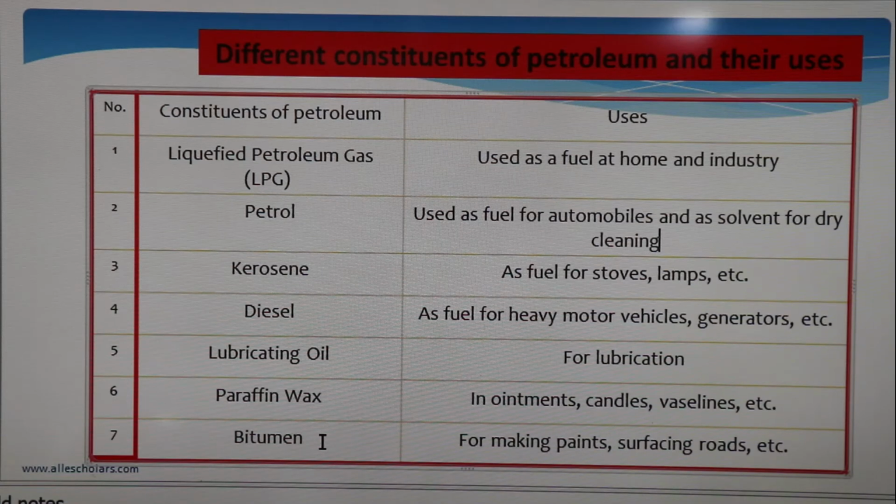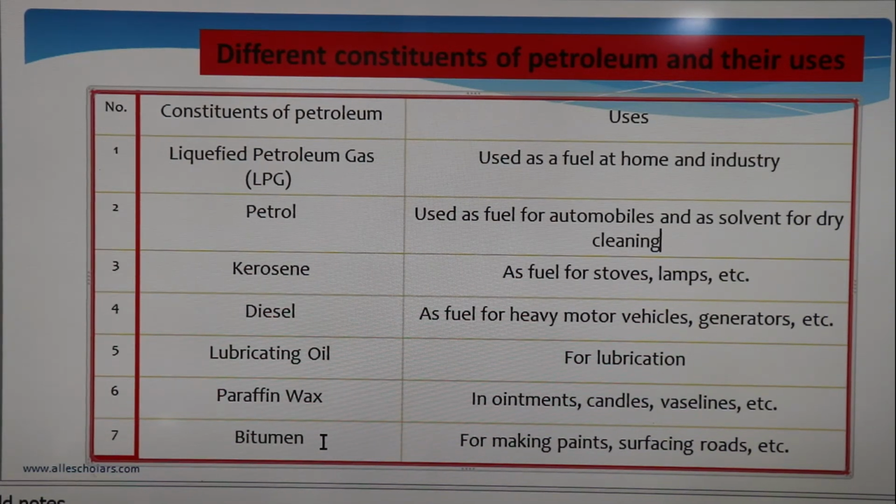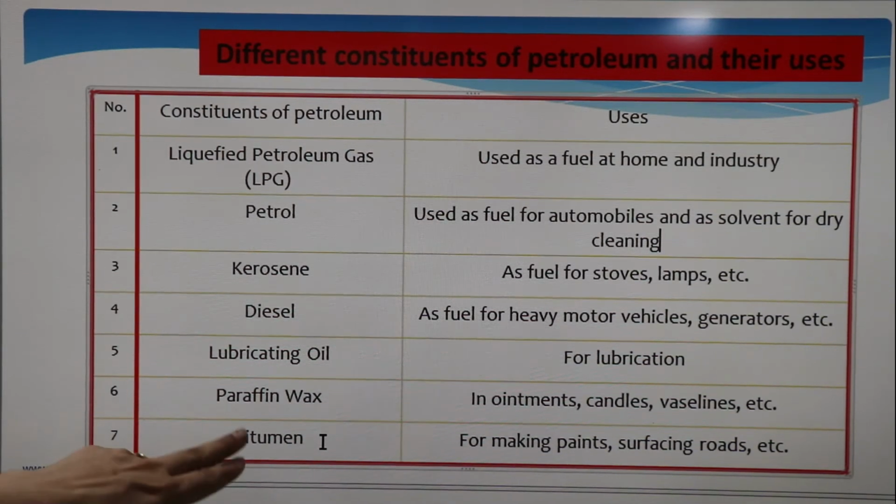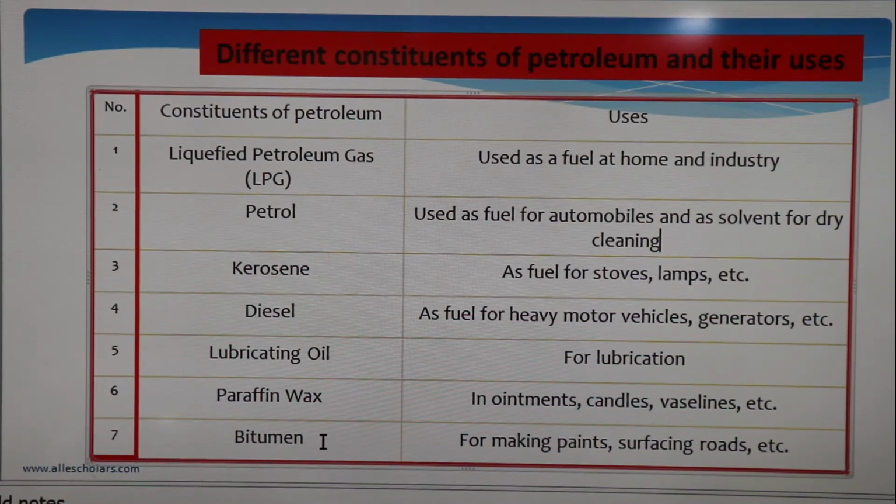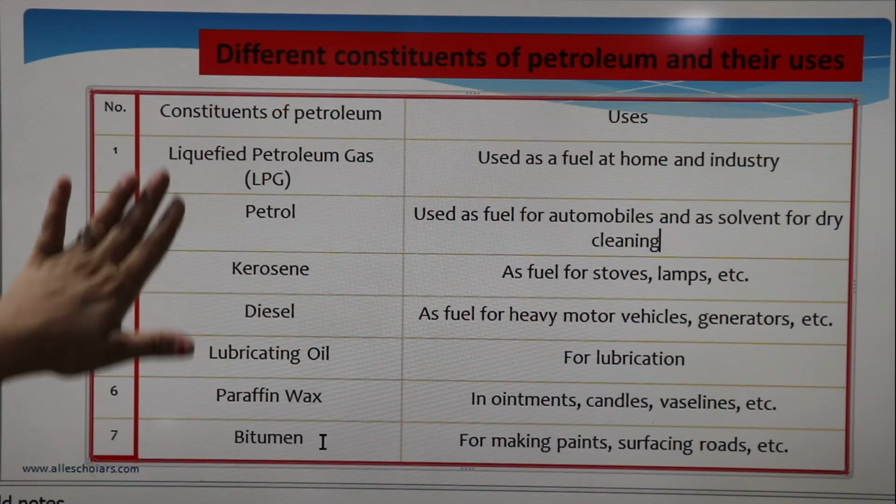If you refer to part 3 of this chapter, the third video which I have uploaded, in which I discussed coal and its components and byproducts, I taught about charcoal. So nowadays charcoal is being replaced by bitumen for making roads. For surfacing of roads, nowadays charcoal is replaced by bitumen. Okay, so these are the different constituents of petroleum.